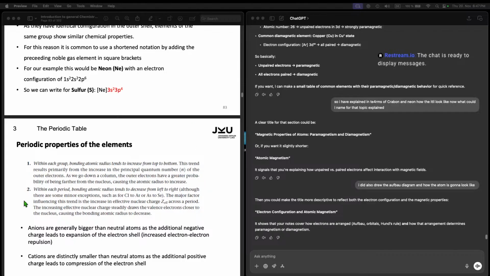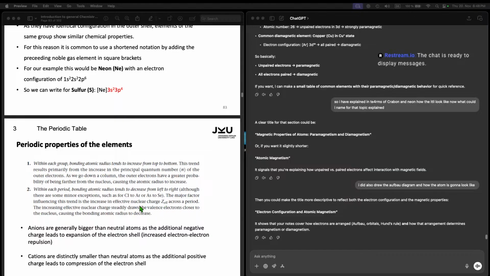Although there are minor exceptions such as chlorine, argon, arsenic, selenium, the major factor influencing this trend is the increase in effective nuclear charge, Z effective, across a period. The nuclear charge increases from left to right, which results in the reduction of radius.